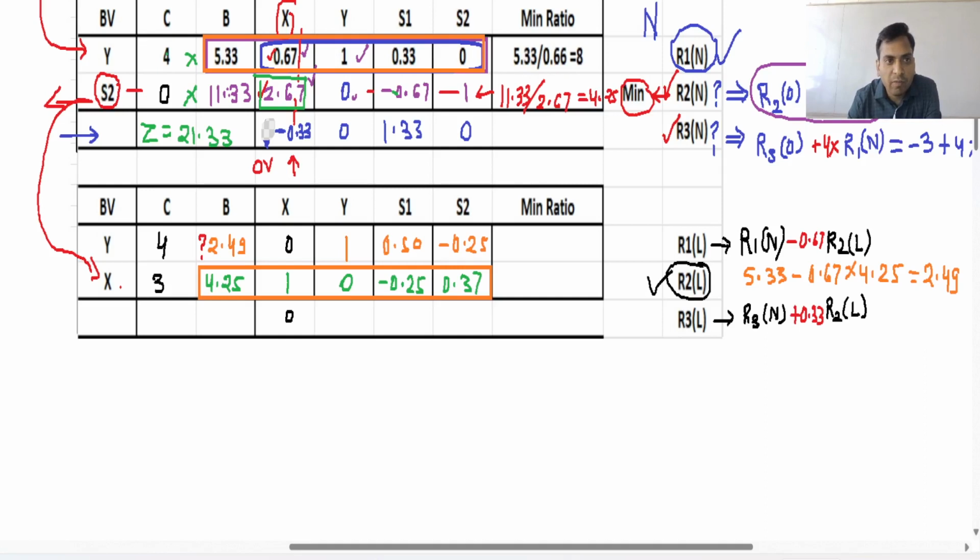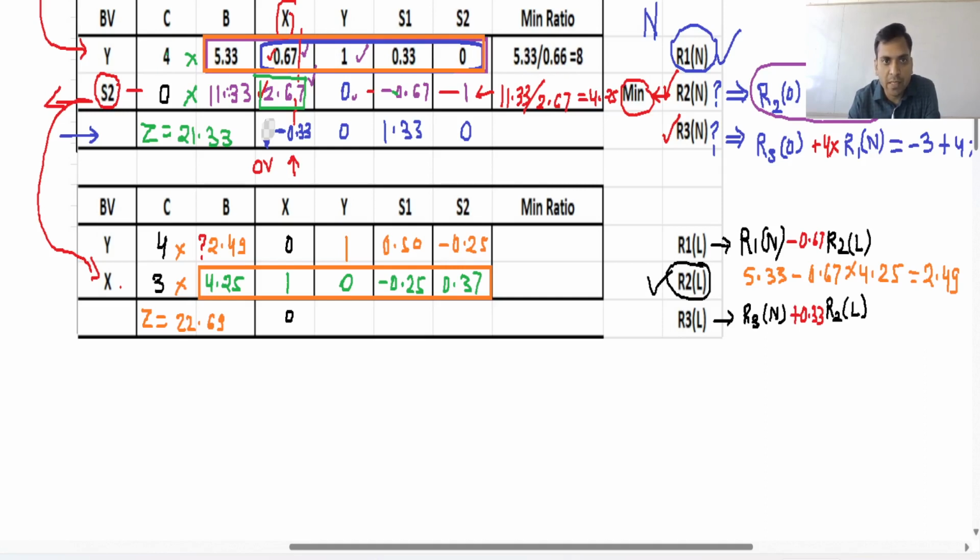And now we will find Z. So Z is equal to this C into B plus this C into B, and on totaling this, you will see 22.69. Now using this relationship, we will find this last row.